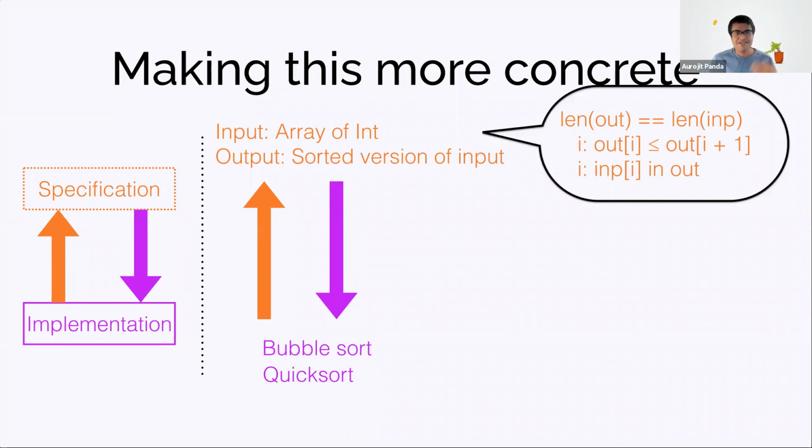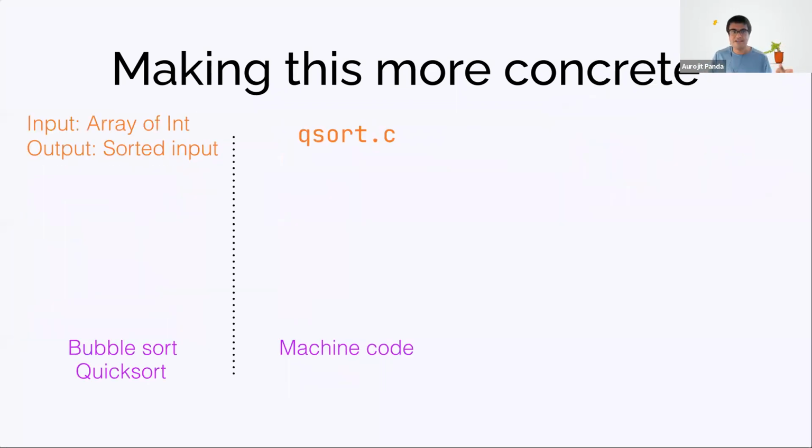Now, this is pretty high level, but in reality, you don't have to have a specification that's quite that abstract. We can also consider the case where the specification is in fact code. For example, consider a case where we're given qsort.c, a file that's included in many C standard libraries that implements the quicksort algorithm.